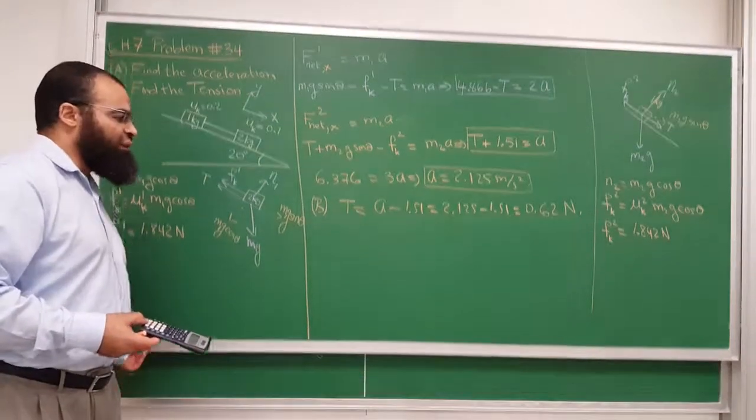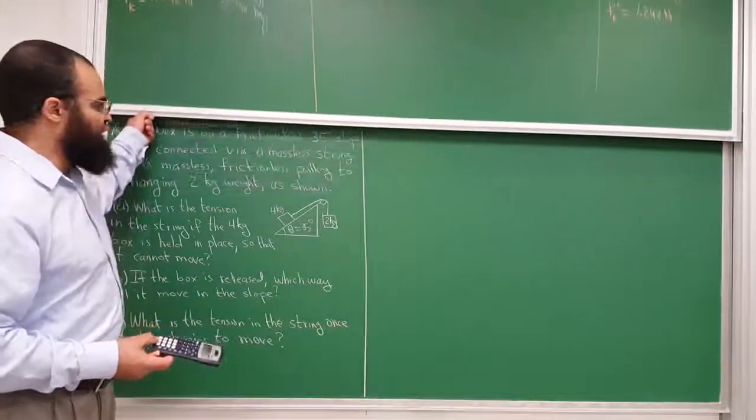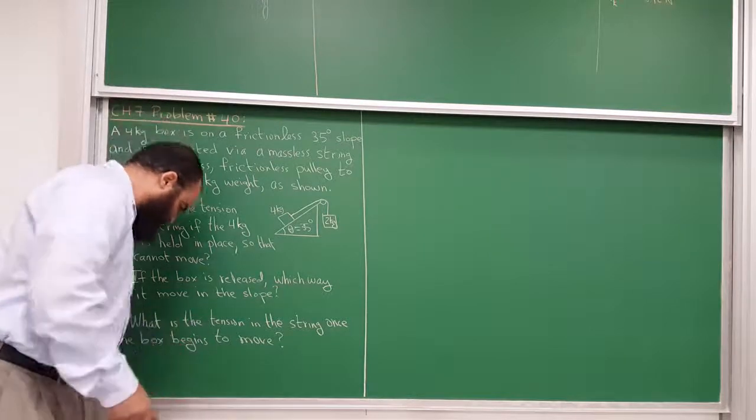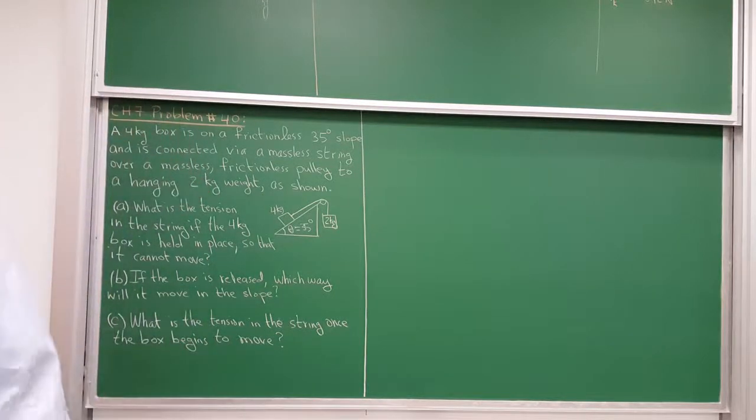Okay, so now let me go to the next example here, which I wrote ahead of time. Let's read it together. It says a 4 kilogram box is on a frictionless 35-degree slope and is connected via a massless string over a massless frictionless pulley. So everything is frictionless here and ideal.